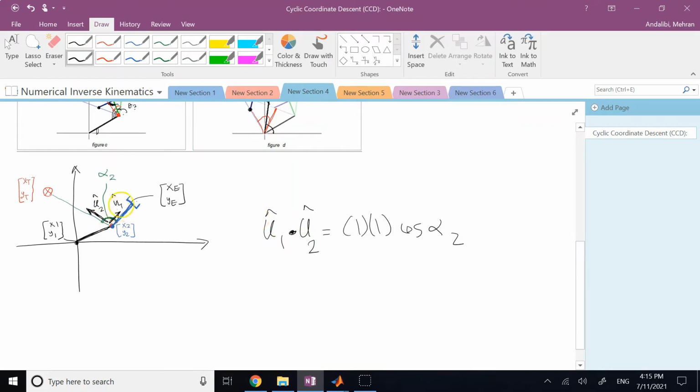Well, U1 is the unit vector of a line connecting your joint to the end effector. So U1 is x of the end effector minus x of joint 2, y of the end effector minus y of joint 2, divided by its magnitude.